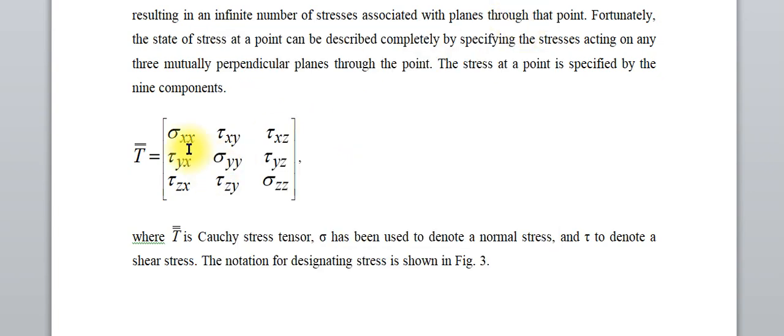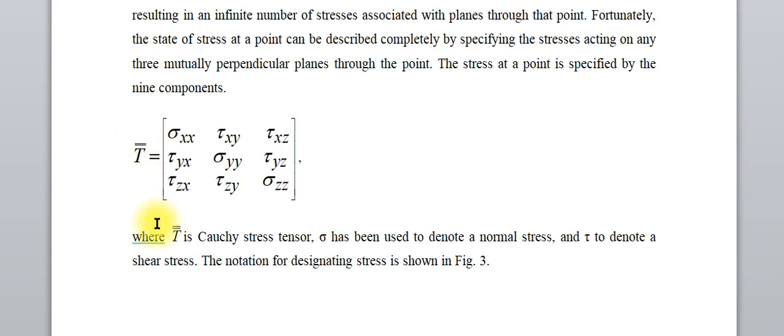Three are normal stresses which are on the main principal diagonal, and the other 6 are the tangential stresses. If we combine all these 9 stresses, we denote them by T capital. This is maybe sometimes bold. I have shown this with double bars, to differentiate, because this is stress.